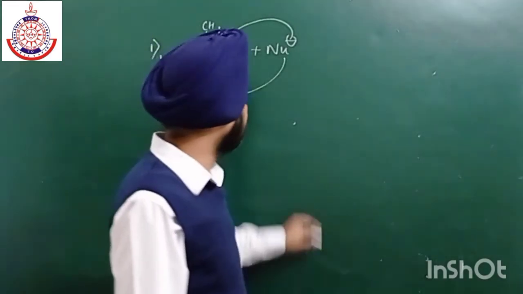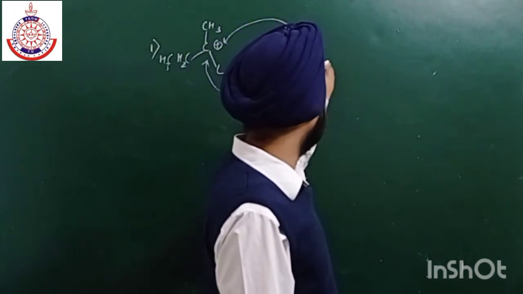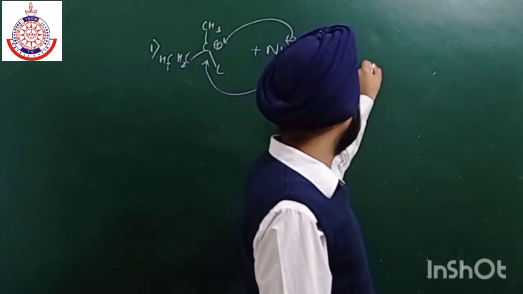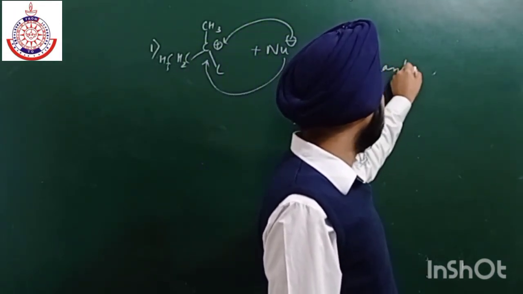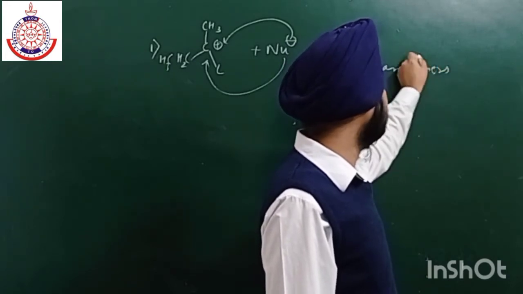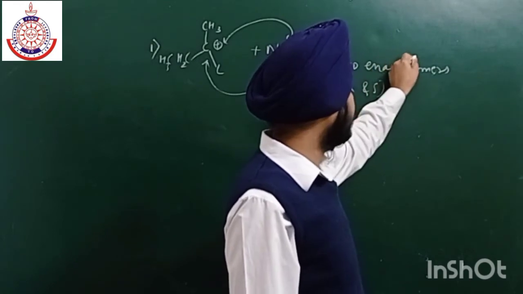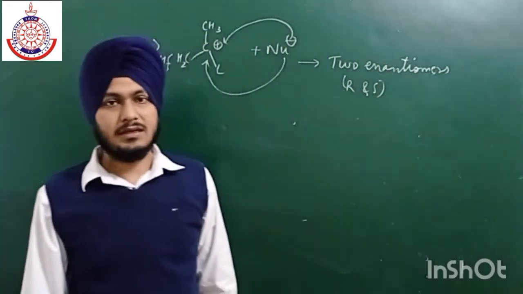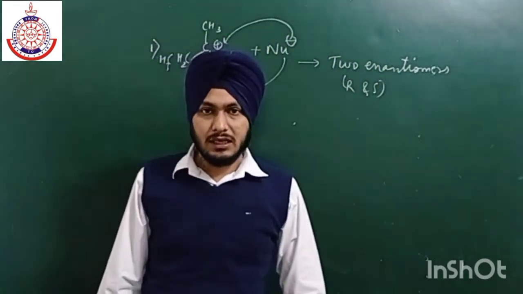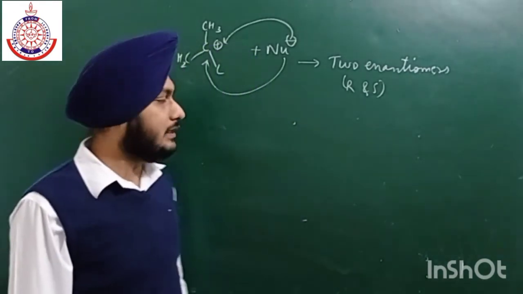So this leads to the formation of two enantiomers, R and S, with equal possibility, and as we all know they are of opposite nature.